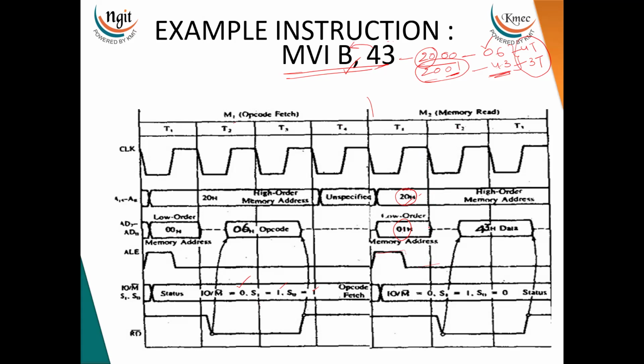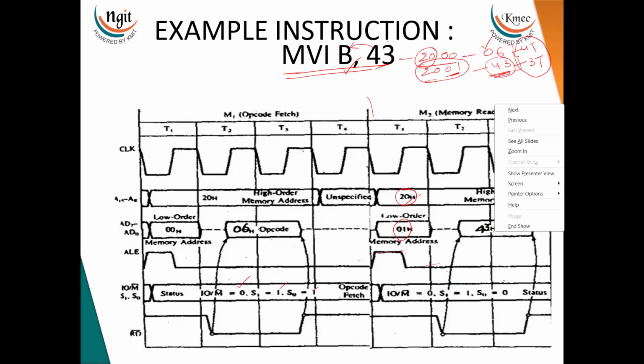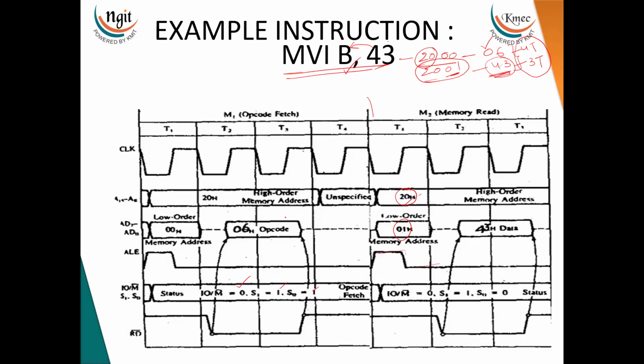It is acting like an address bus, and after that the read signal is applied because 43, the operand stored in the memory location, should be read. So after applying the read signal, the operand is placed on the data bus. In the fetching it is an opcode, and in the memory read it is data.